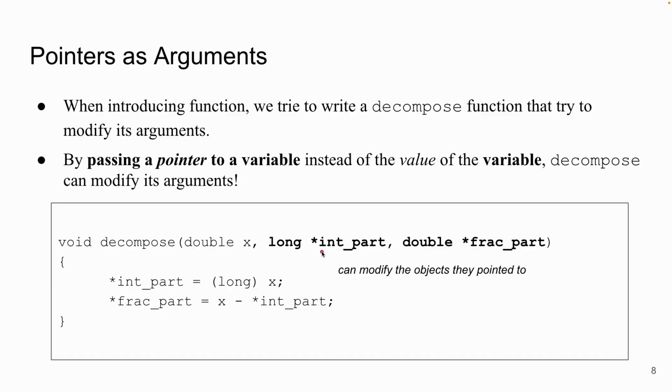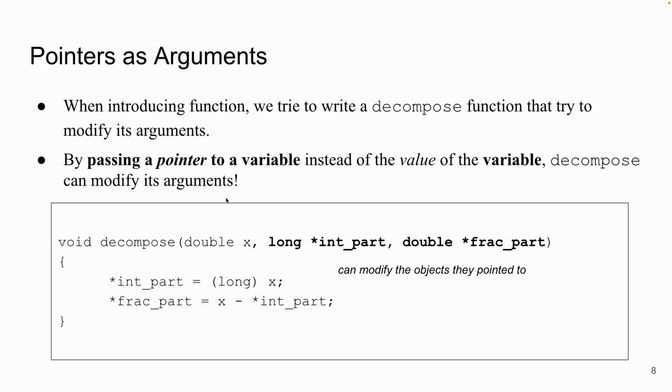Now I make them a pointer to a long integer object and a pointer to a double object. So we can pass pointers to variables to the function instead of the values of the variables themselves. If we do that, the decompose function can modify the arguments, because what we pass is not the value of the argument, but the address of the argument.